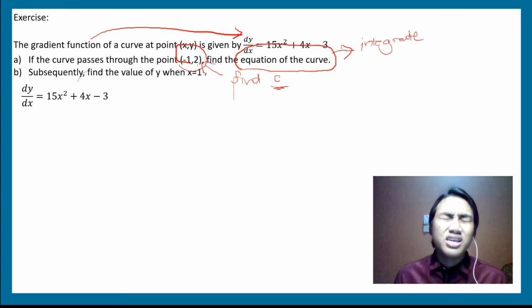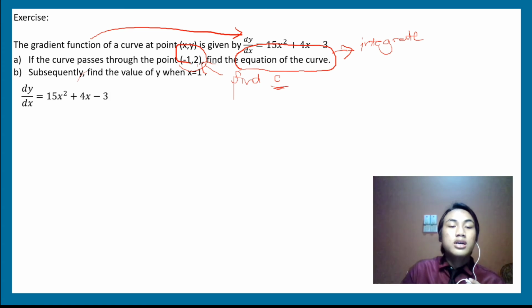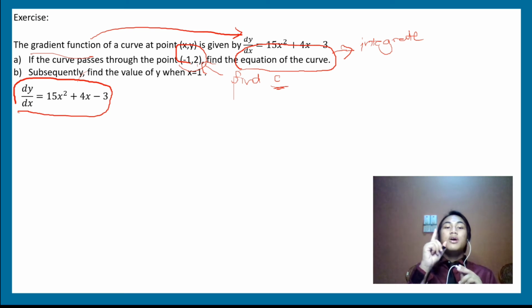The question of B is actually wanting you to find the value of y. We substitute the value of x equal to 1. Here we have the gradient function dy over dx equal to 15x squared plus 4x minus 3. They want the equation of the curve, so we have to integrate. Oh, sorry, before you integrate, you have to write the variable y.